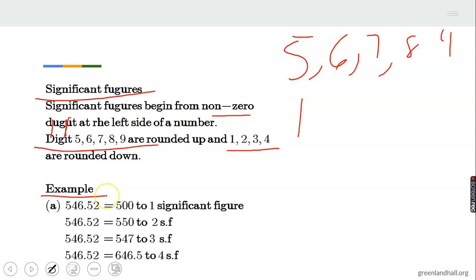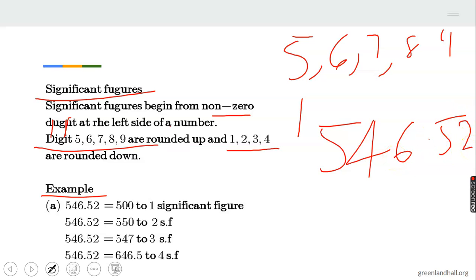Now, look at this example. We have 546.52. You can round it off to one significant figure. But before you do that, always check. We want to round it off to one significant figure.